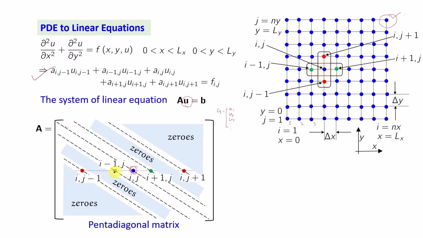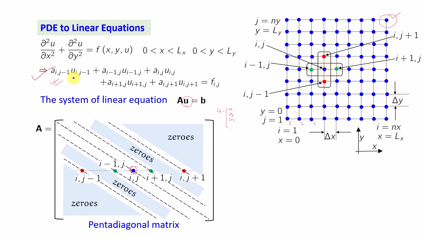Then i minus 1, j. Then the next one is ij. Then the next one is i plus 1, j. Then again 0, 0, 0, 0, 0 will come from here. Then I hit i, j plus 1. So this particular row is giving me this particular equation.